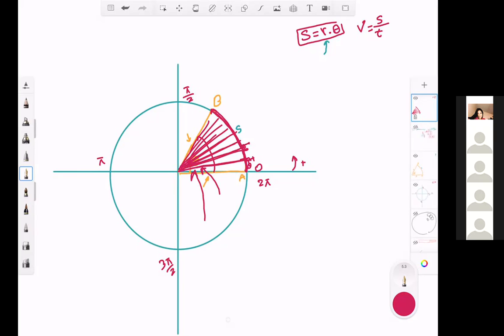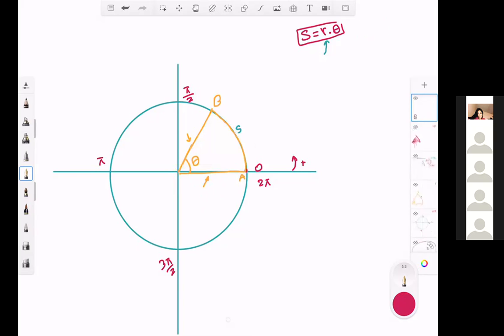One more time, so the person goes from A to B. Speed on the curve is linear speed. This theta also changes. The speed of the change of the theta will be angular speed, and we show it with omega.